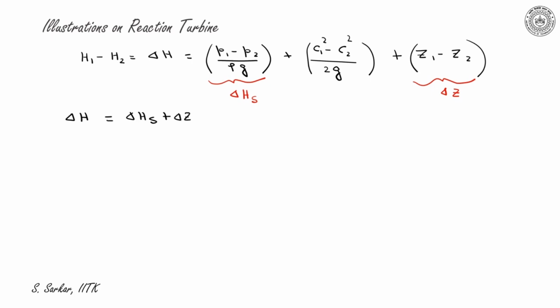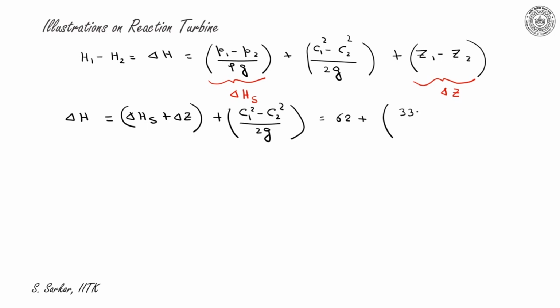C2 is given as 7, divided by 2 into 9.81. Now if we evaluate, we'll get del H as 117.765 meter.